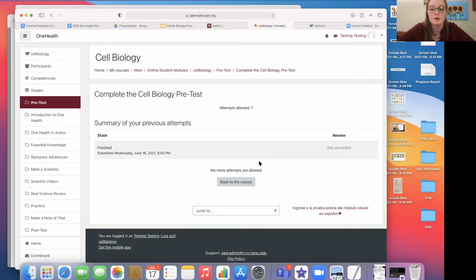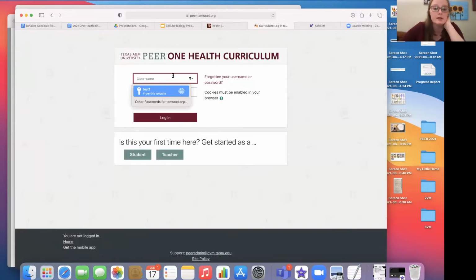We have one that's not allowed. Okay. Some people it will allow because it reset everybody's system. So I'm just going to give everybody a minute. Once you navigate into the pretest, if you're able, let me log out and see if I can come in through my other account and show you what it should look like.